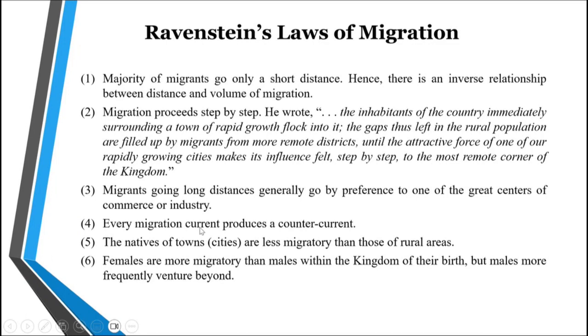Every migrant current produces a counter current. This number four usually attracts a lot of criticism. It means that every migrant current produces a counter current. For example, if 20 people from KL migrate to Singapore, you expect another 20 people from another place to go back to KL, or some people from Singapore to migrate back to KL.